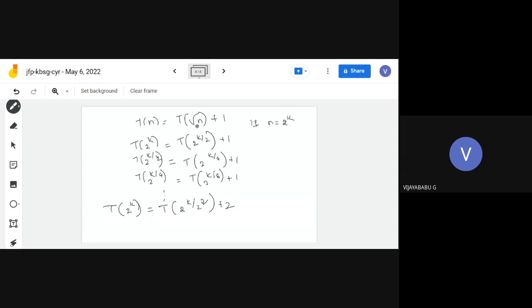So when you substitute, 1 plus 1 is 2, and again T(2^(k/2^3)) plus 3. To generalize, 2^k in terms of 2^(k/2^2), 2^(k/2^3): the constant is 2 because it is a square, and the constant is 3 because it is a cube, likewise.